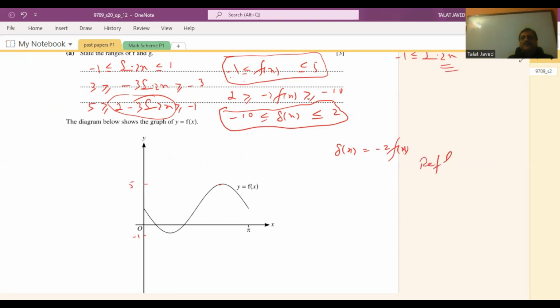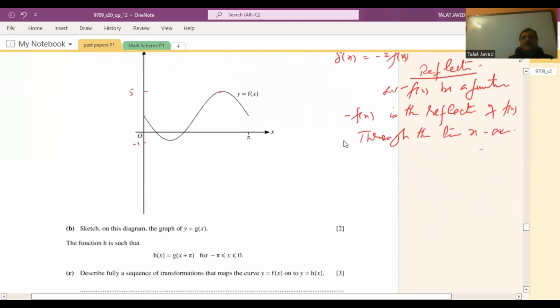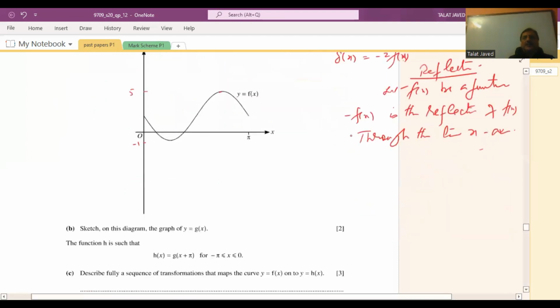Reflection. If f of x is a function, minus f of x is the reflection of f of x in the x-axis. If we have f of minus x, it is a reflection in the y-axis. Similarly, stretch.